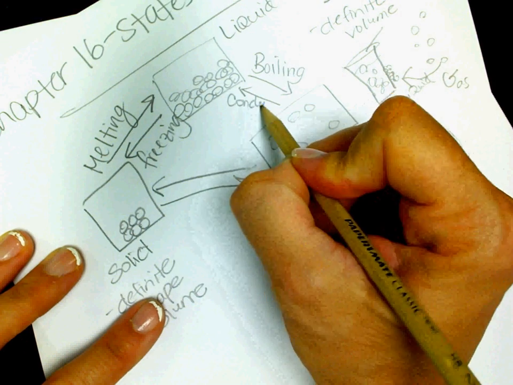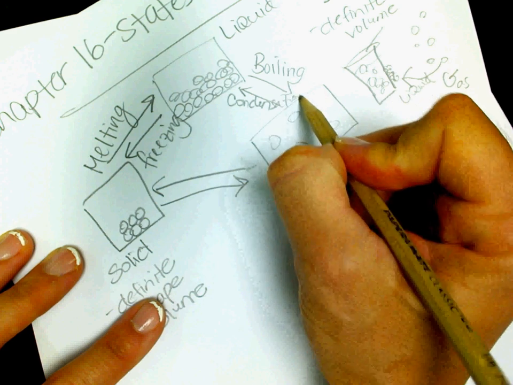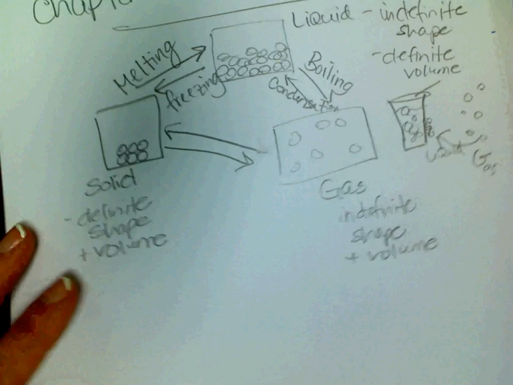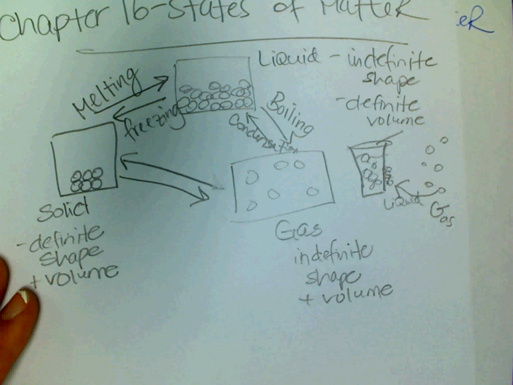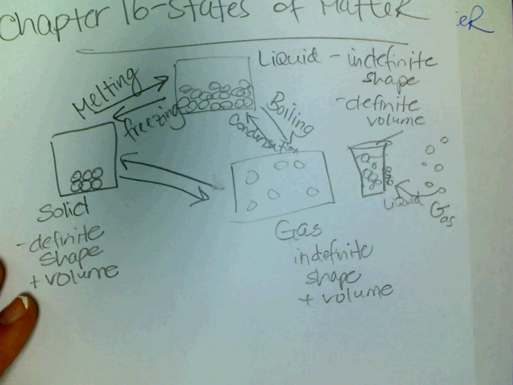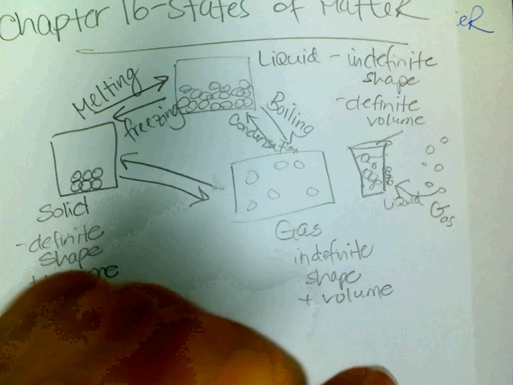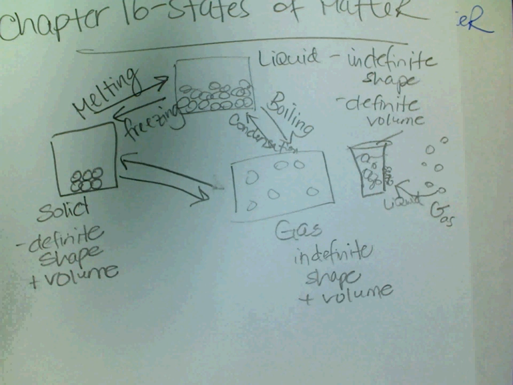When else do you see condensation besides on your cold glass? When you're boiling water, you can put the lid on. Yes. The top of your pan of boiling water, if you lift it up and look at the bottom side, it's going to be wet.